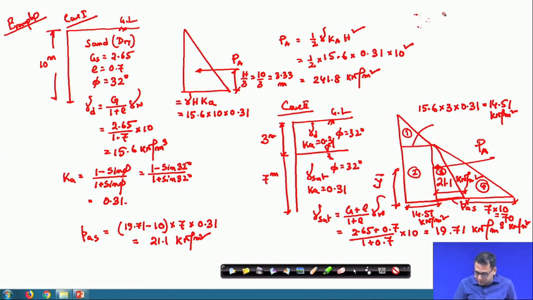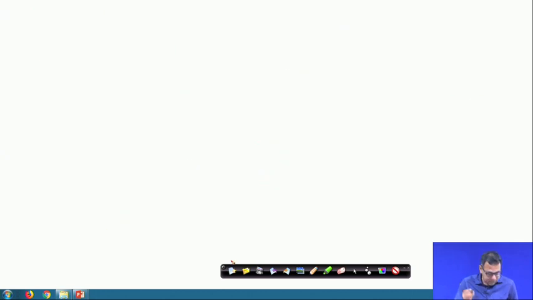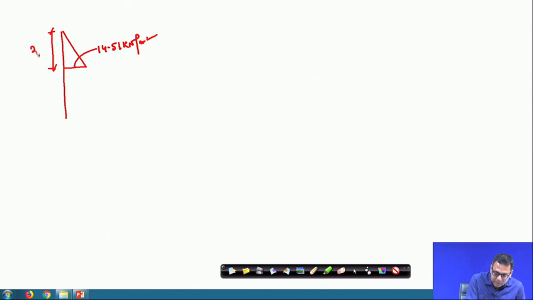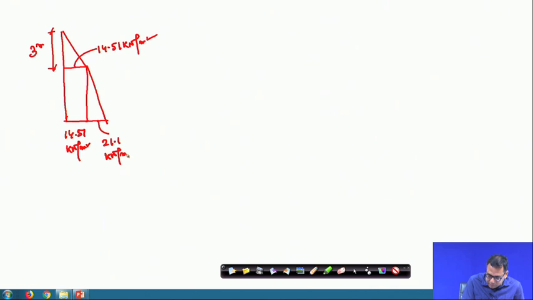So I am using another sheet and quickly drawing those values. This value is 14.51 kilonewton per meter square, and this is 3 meter, then it continues and this is also 14.51 kilonewton per meter square. Then there will be a triangular zone whose value is 21.1 kilonewton per meter square.